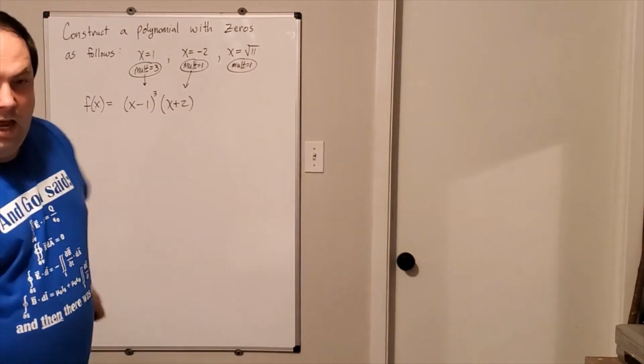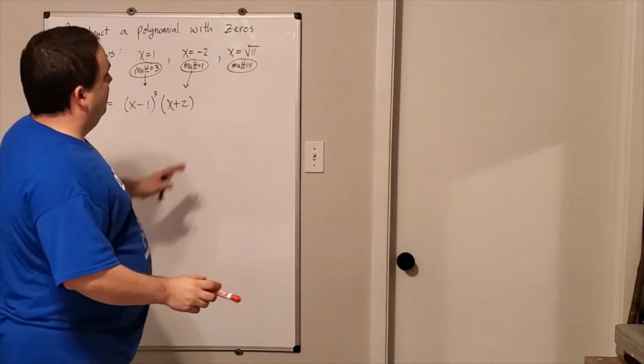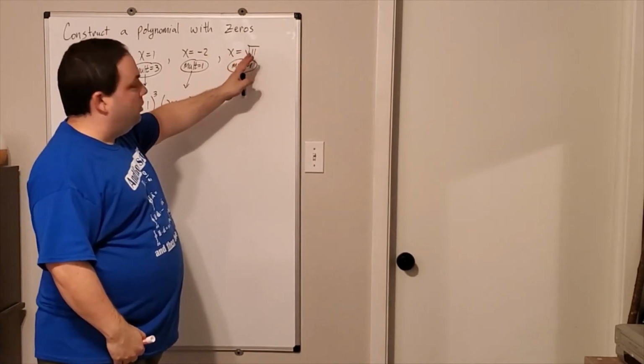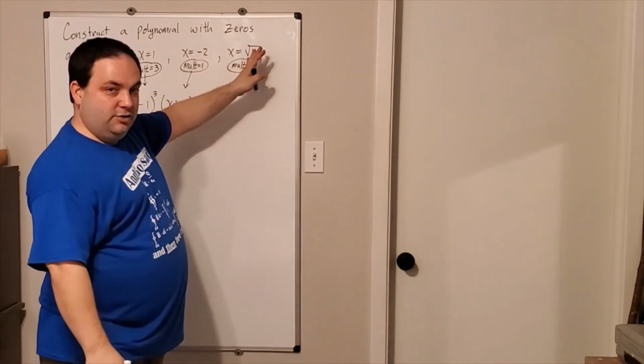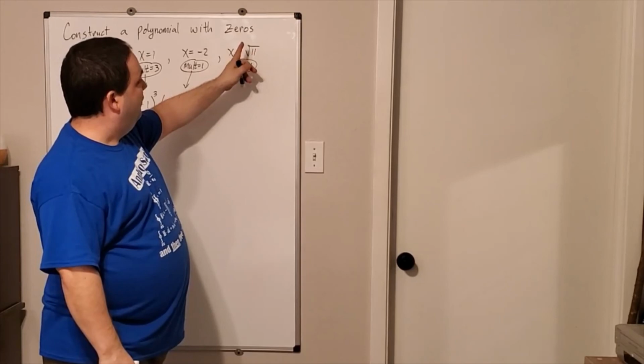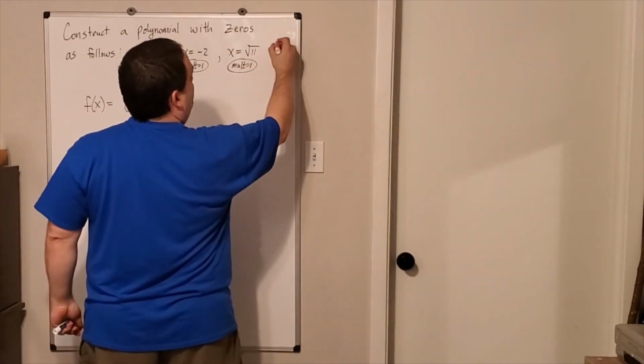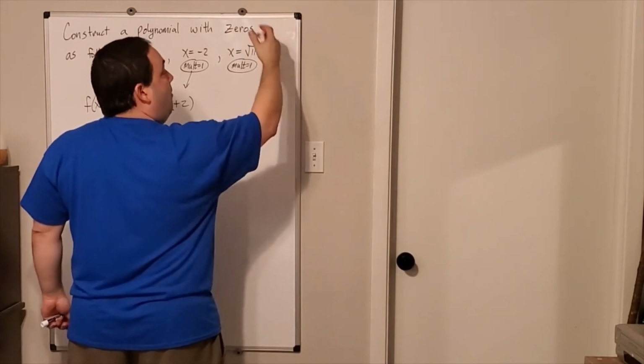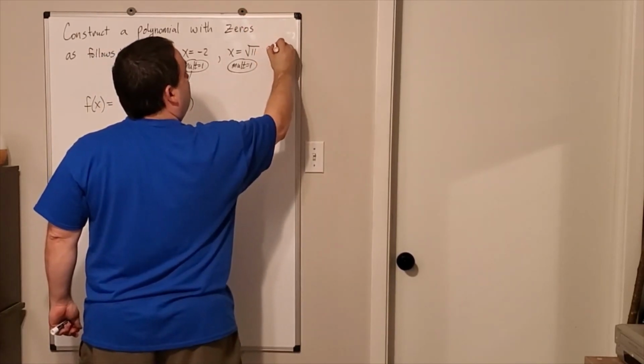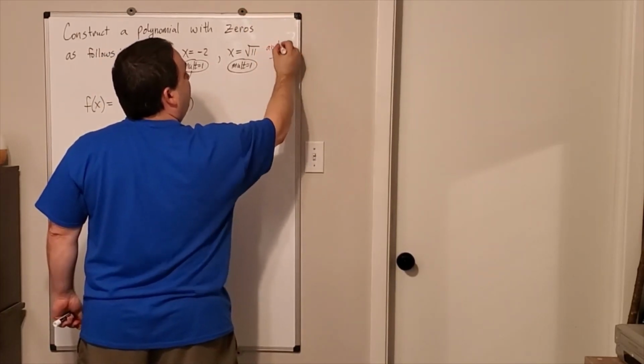Don't forget, a couple of problems ago, I gave you a little hint. Anything that's irrational like this has to come in a conjugate pair, right? So if I've got the square root of 11, okay, it doesn't ask for it, but I must put negative square root of 11.